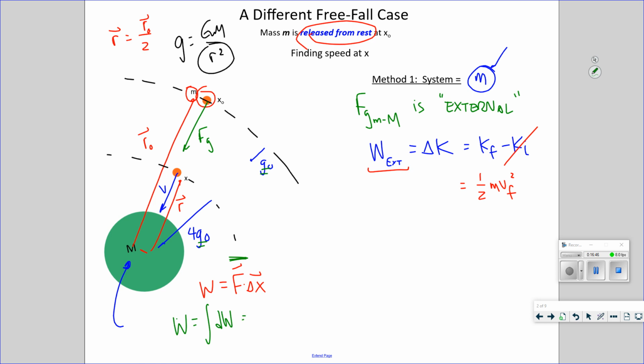There's a little tiny amount of work done, say, as the object goes from here to here. That's a little tiny dl, and dl means a little tiny length. In that tiny little dl, there's a pretty constant gravitational force, dot dl. dl is actually a vector. In this case, it points like that.